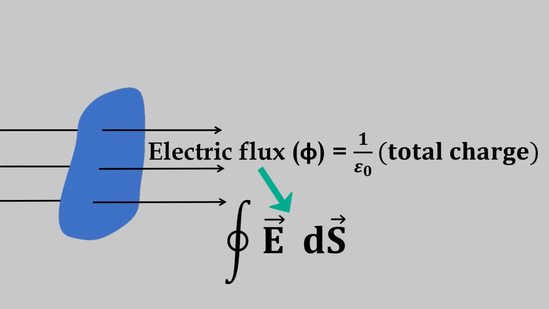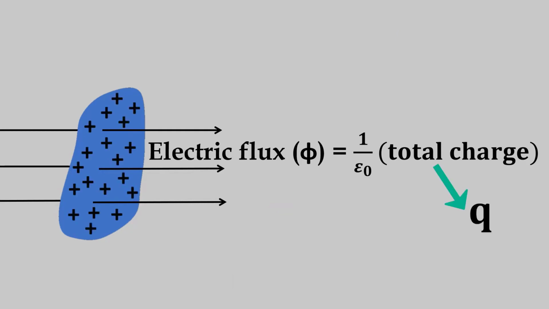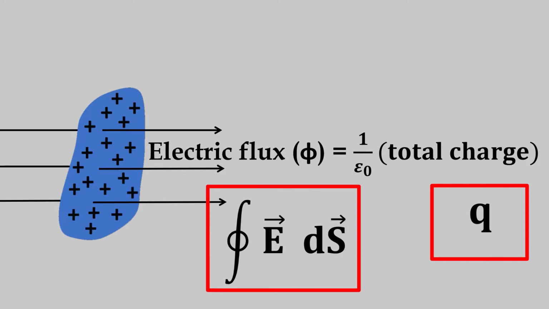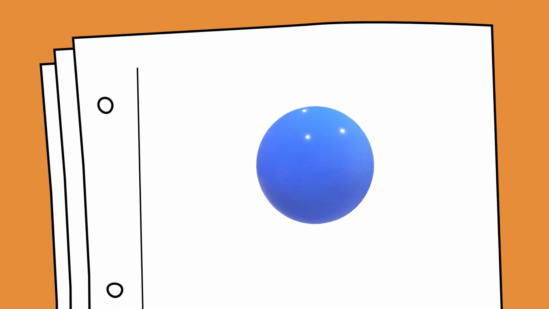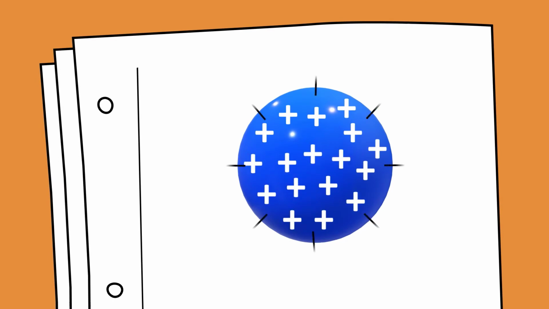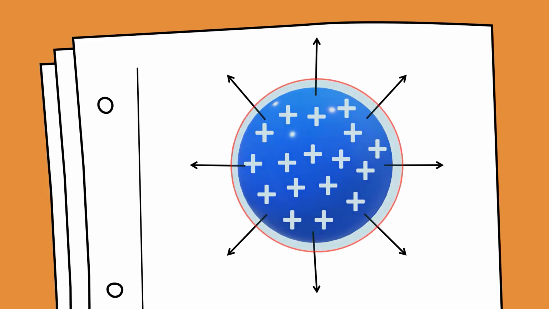Integral E dot ds is the total flux and Q is the total charge enclosed by the closed surface. Then these two can be related using Gauss's theorem as integral E dot ds equal to Q by epsilon 0. Gauss theorem is a powerful tool for calculating electric fields when they originate from charge distributions of sufficient symmetry to apply it.